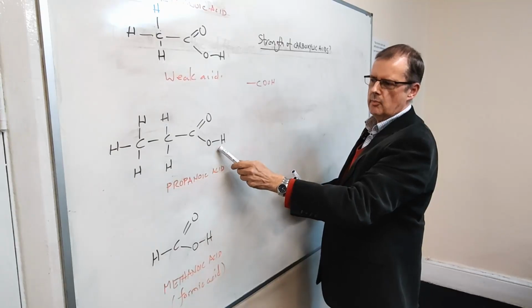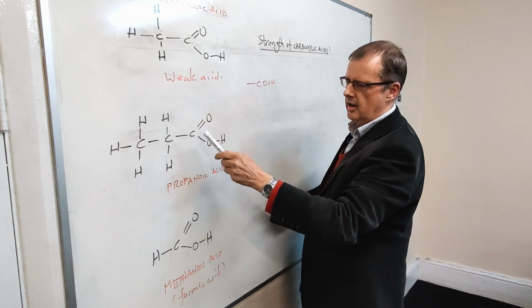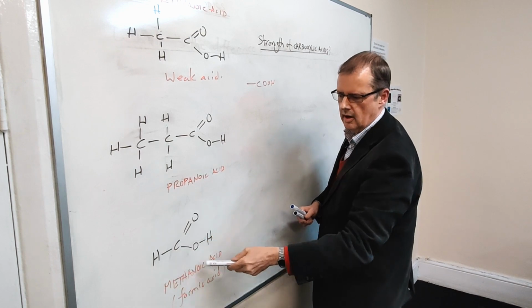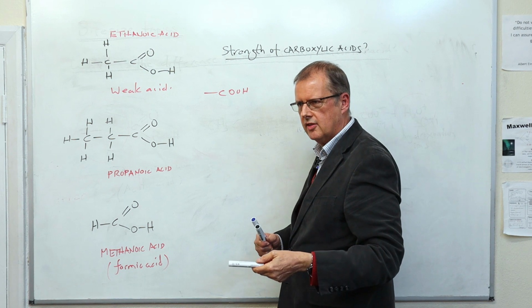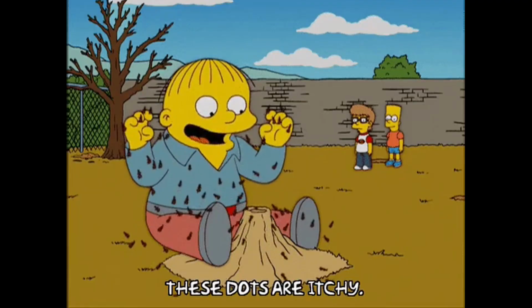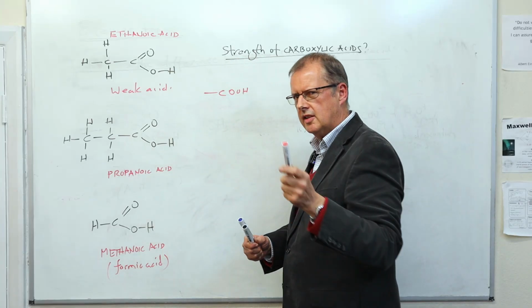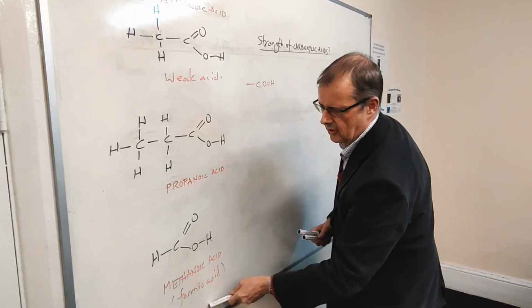There is this example here, propanoic acid, prop because of 3 carbons. And I've also got another one to compare, which is methanoic acid because of 1 carbon. By the way, methanoic acid traditionally was known as formic acid, and that's the acid that some species of ants spray as a defense mechanism. The Latin name for ants is formica, and it's also used as embalming fluid.